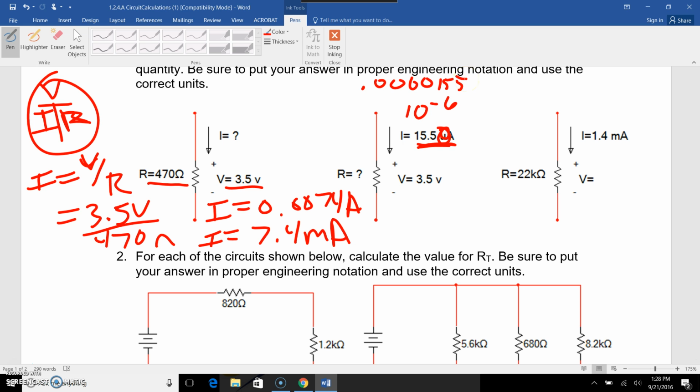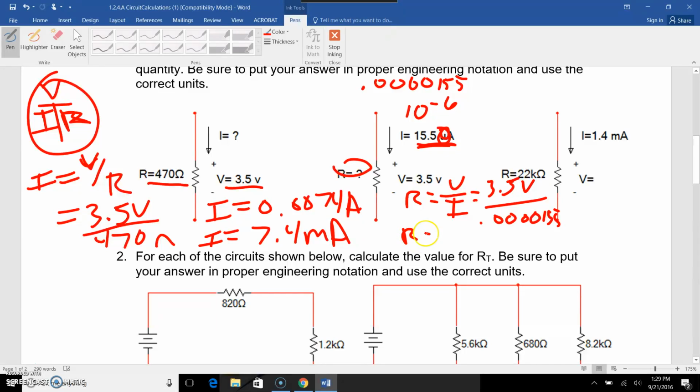So as I plug that into the calculations, because we are solving for resistance, I'll say resistance equals V divided by I. I will say our voltage, which is 3.5 volts, divided by 0.0000155.